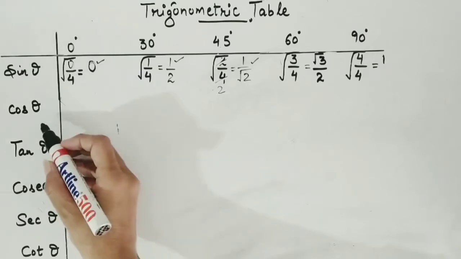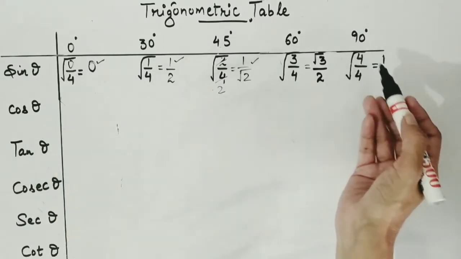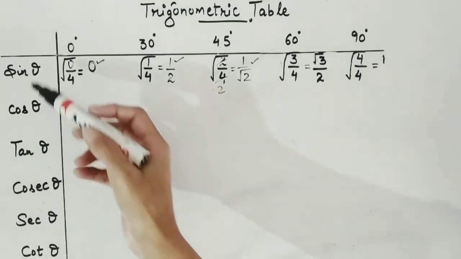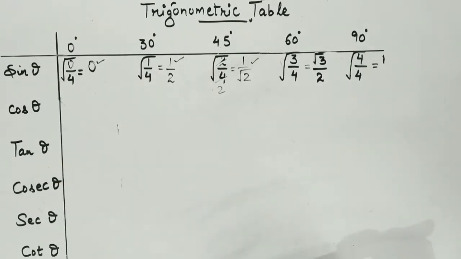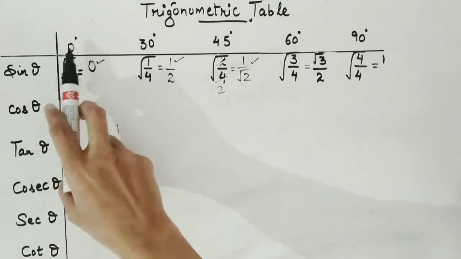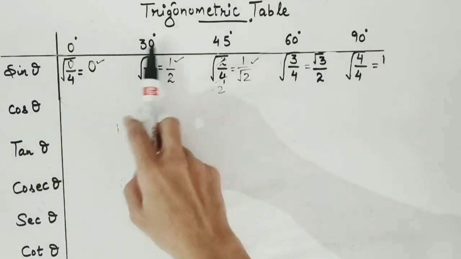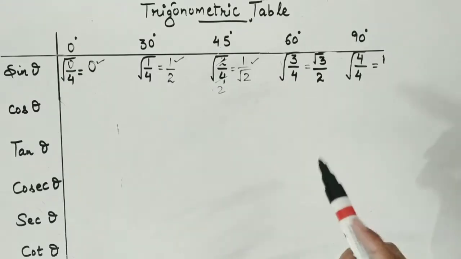Now for cos theta, we would just reverse this complete series. The reason is because sine and cos are complement of each other. Sine 0 cos 90 is equal. Sine 30 cos 60 would be equal.